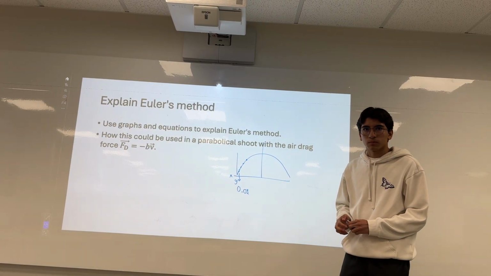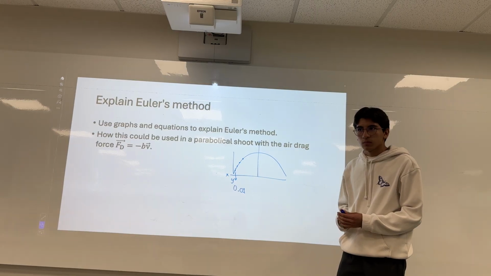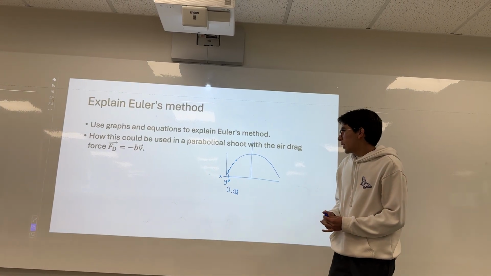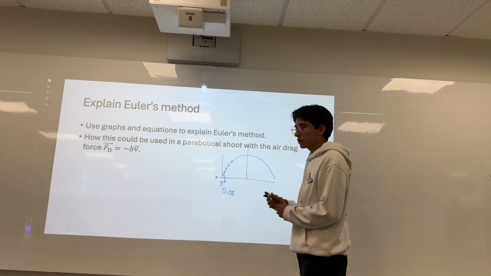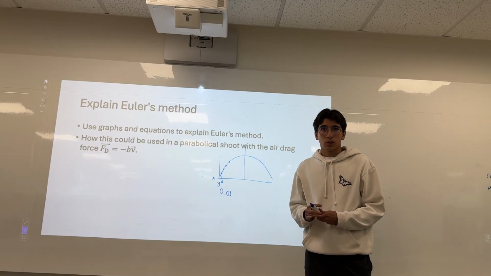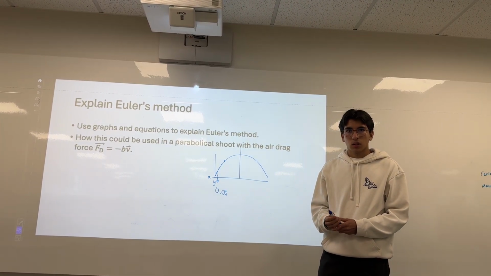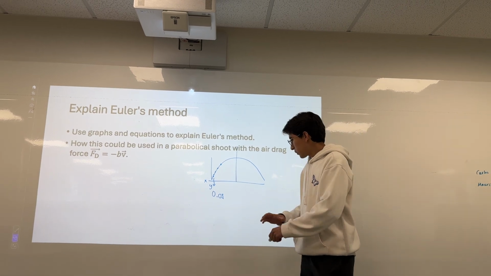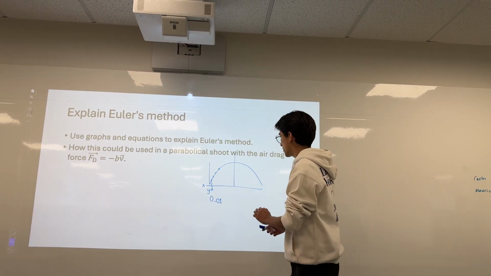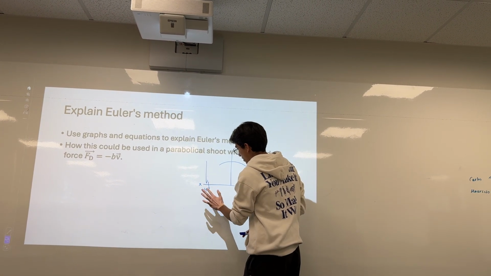Yep. Okay, and what about the drag force? The question is why do we need to use the Euler's method when we have that force? Because, let me erase this.